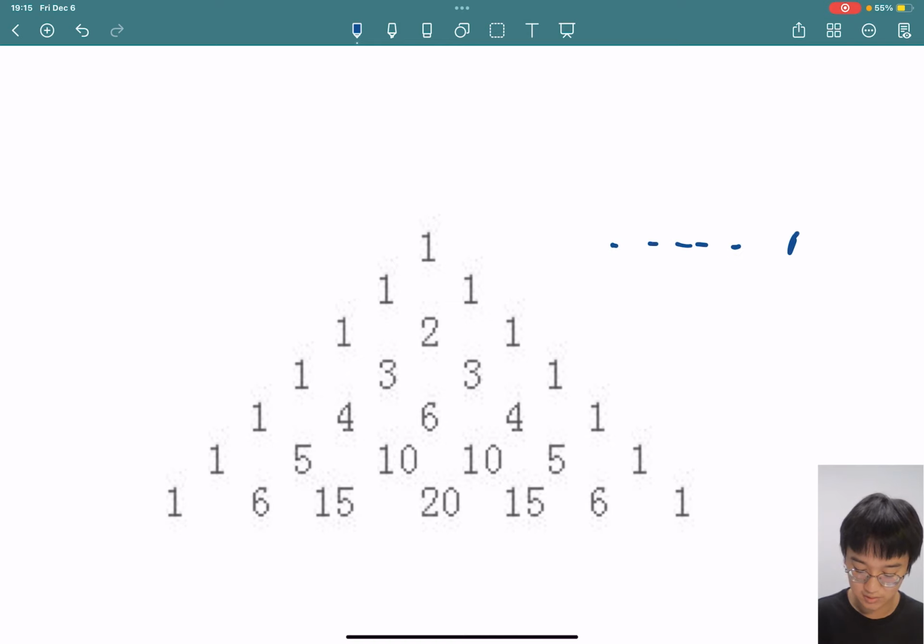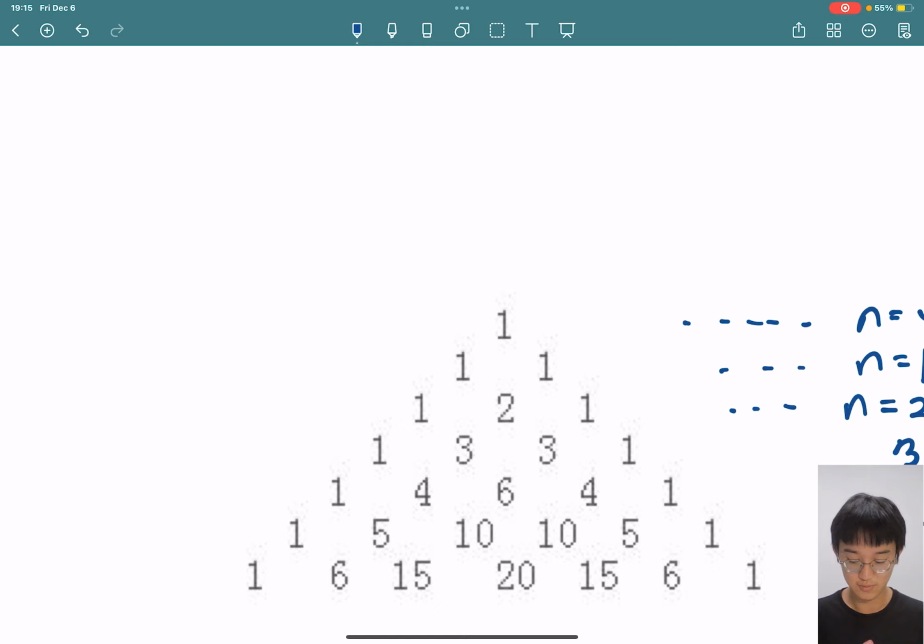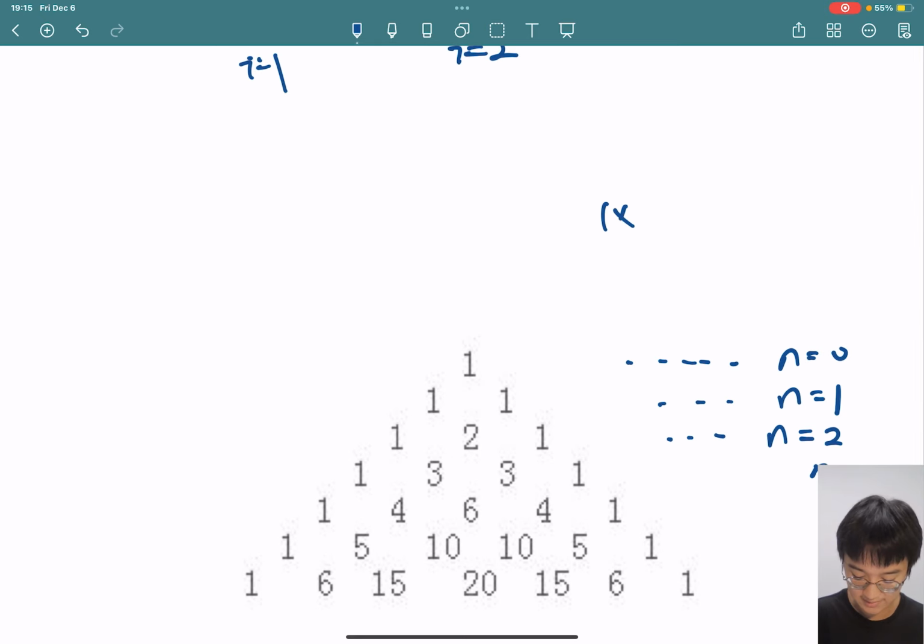This is n equal to 0, n equal to 1. The third row is n equal to 2, then 3, 4, 5, 6. So what does this mean? I'll write an equation so that you will know. We let (x + y) to the power of 2. This can be written as x squared plus 2xy plus y squared.